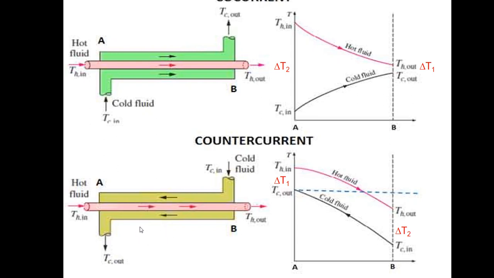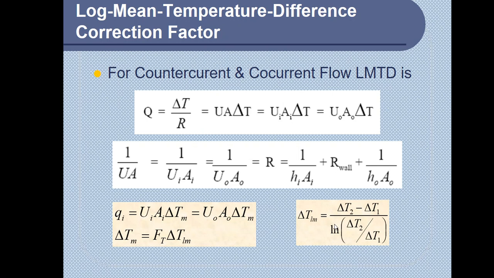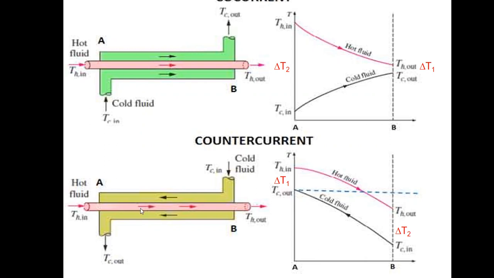Because the concept of the log mean temperature difference is applied to the shell and tube type of heat exchanger. So we have a different answer if the fluid is flowing countercurrent to each other in this case, or co-current in this case, and this one is countercurrent. So this would be how we will account for the delta T1 and the delta T2.